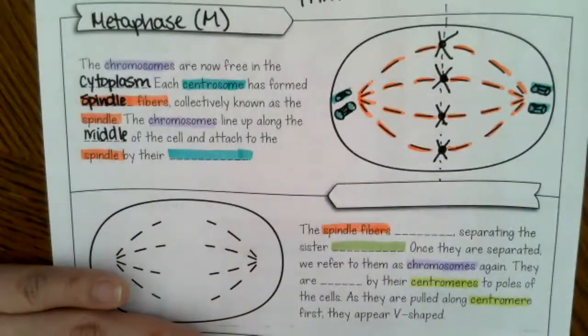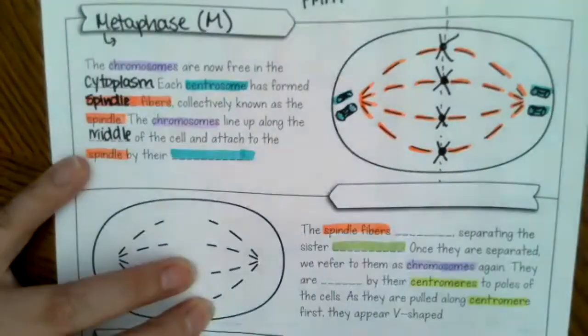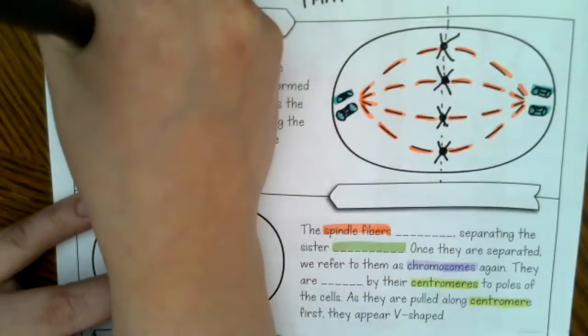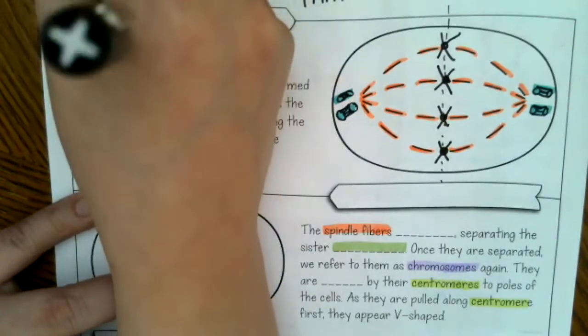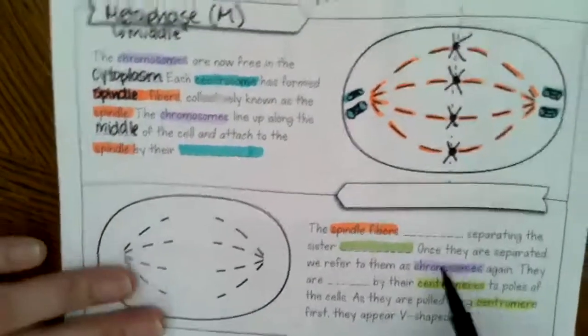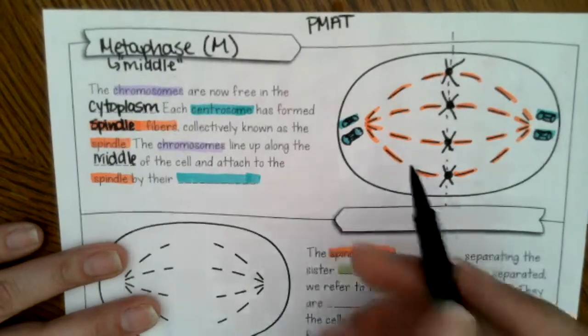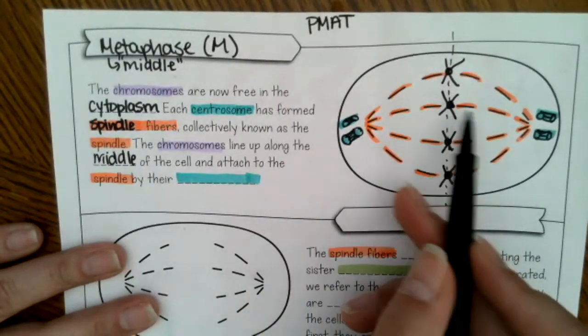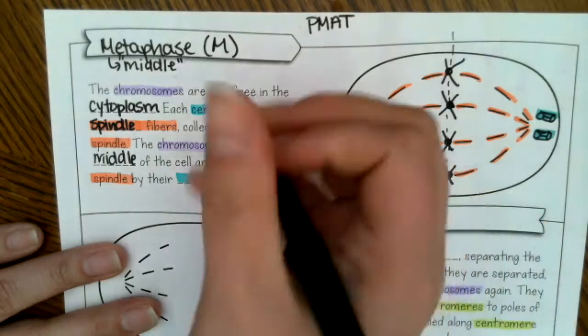So another way to remember metaphase and to remember exactly what goes on in metaphase is to call it also the middle, okay? The middle. Because again, these chromosomes are lining along the middle of the cell. And they are going to attach to these spindle fibers through their centromeres.